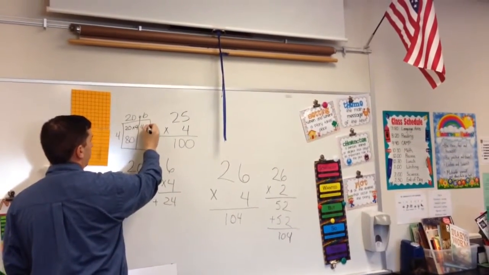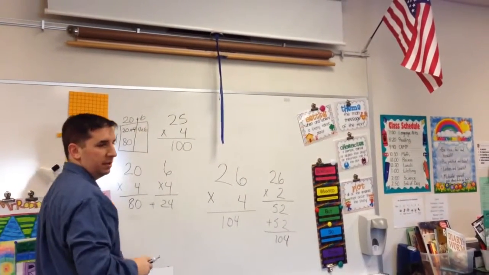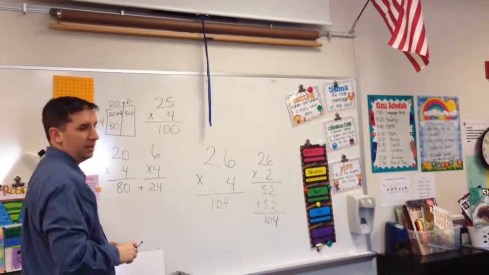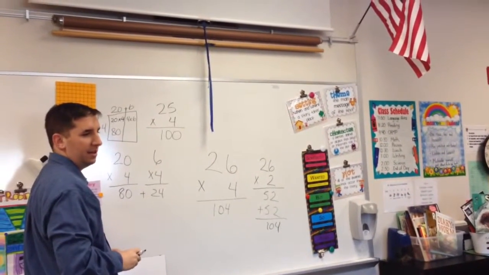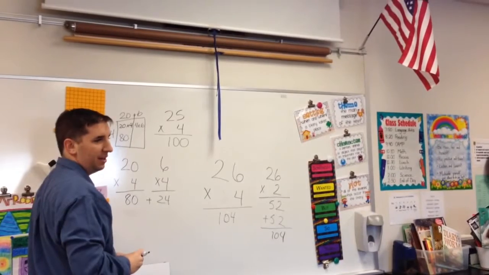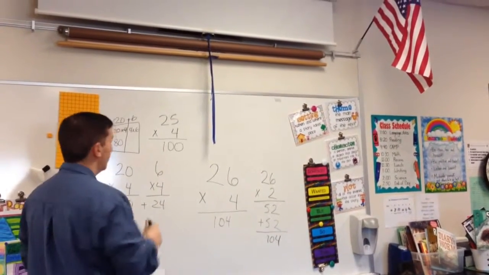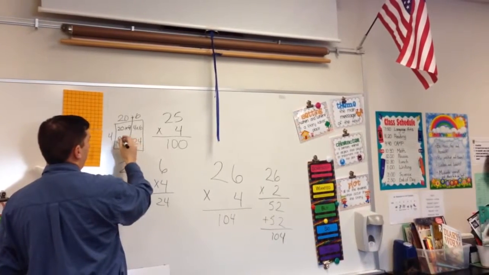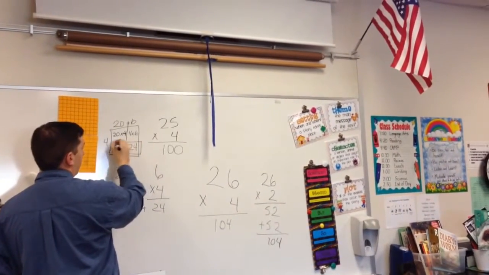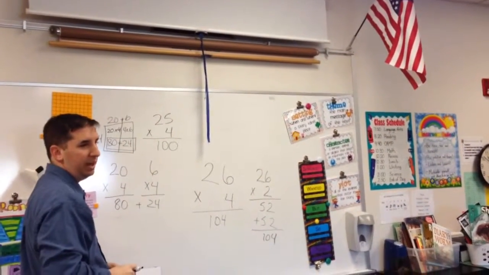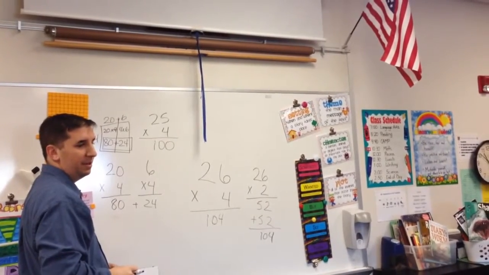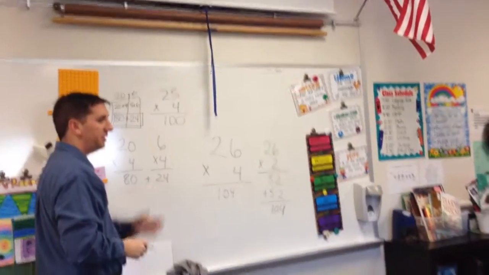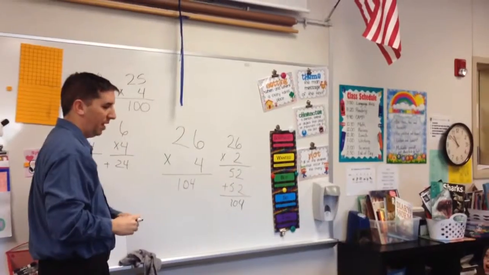And 4 times 6 is 24. And then if we have 80, and then we add 24 more, we get a total of 104. All these different ways, and you still get to the same total. Great job in number time.